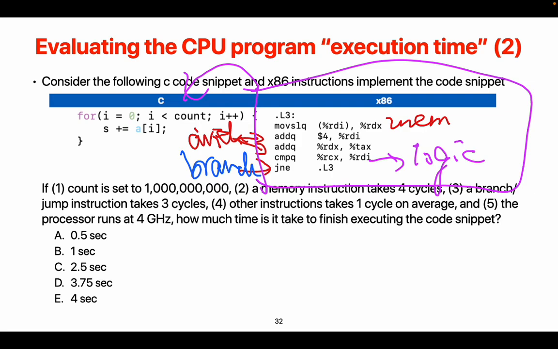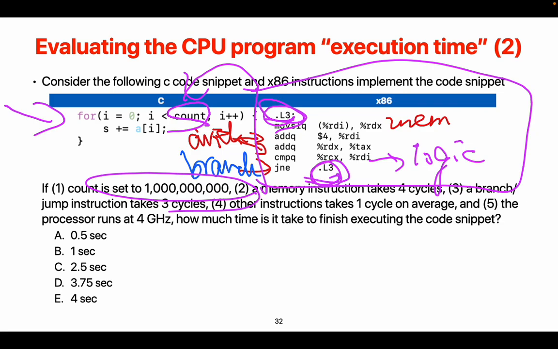The left-hand side tells you what I want the right-hand side behavior to be. So when I say it's 1 billion in this count, you can assume there is a loop on the right-hand side that would be executed 1 billion times. The loop begins between this L3 label and the JNE operation.